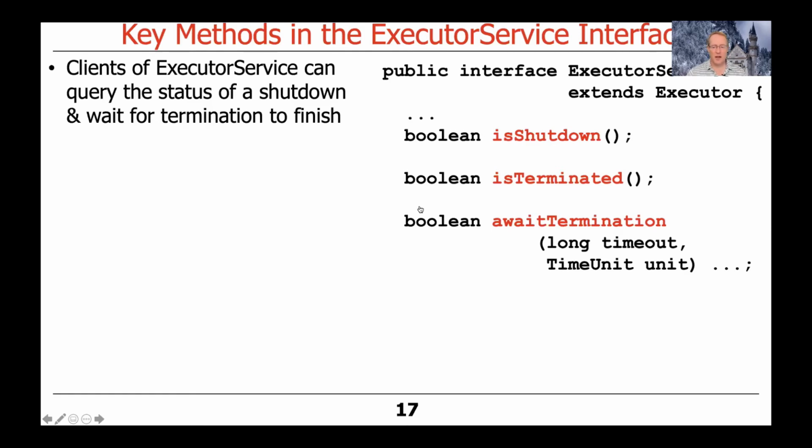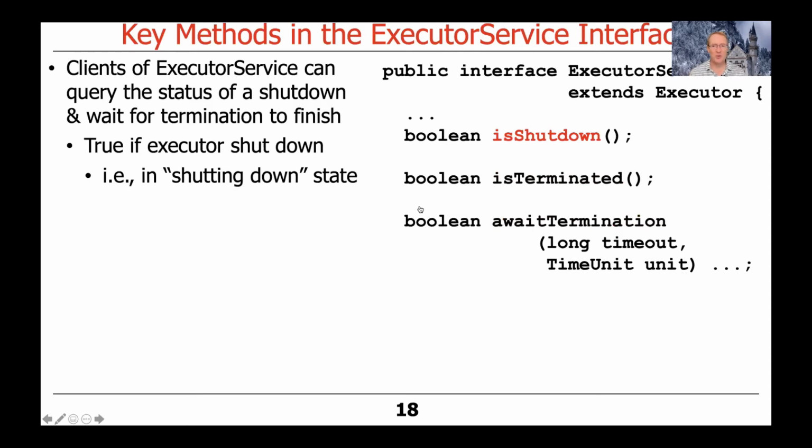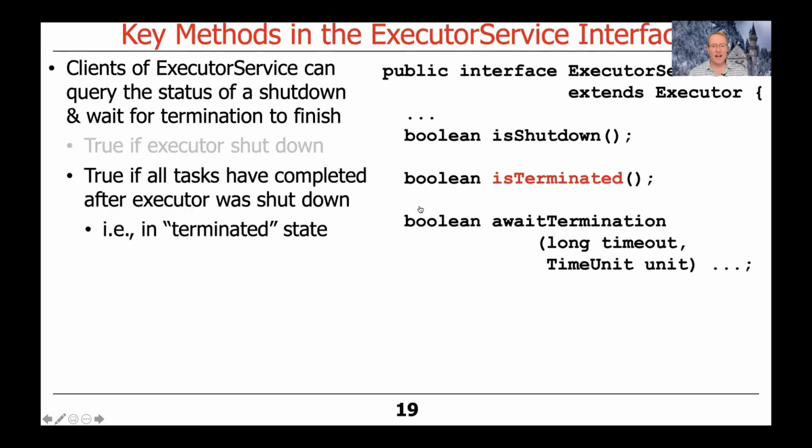Of course, there's a method called isShutdown, which returns true if you're in the shutdown state, because it's a Boolean. Likewise, if the executor service is in fact terminated, then the isTerminated method will return true.